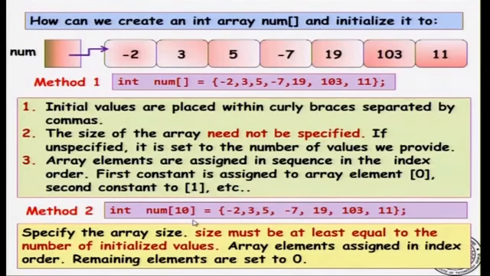I should give at most 10 values, so I can give 10 or below. In this case I give 7 numbers. So the array is initialized in the order of elements given. num[0] will be -2, num[1] will be 3, and so on until num[6] will be 11. 7 elements are filled, the remaining 3 elements are unspecified, so they will be initialized to 0.